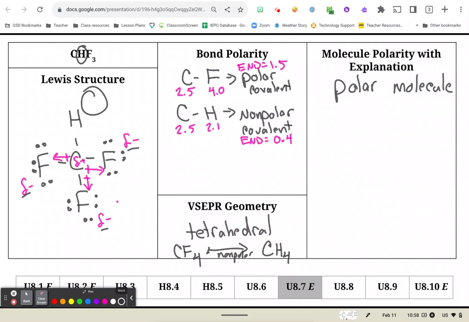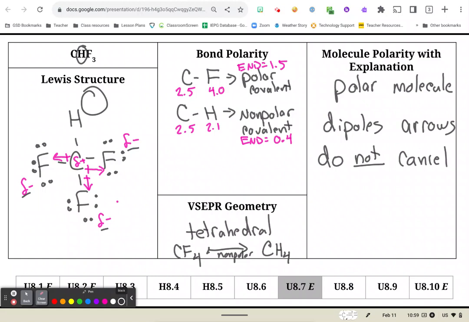Thinking about my two reasonings, the lone pairs doesn't work because the lone pairs have to be on the center atom, since that's what we're evaluating, the charge difference around that center atom. So this is a polar molecule because the dipole arrows do not cancel out. I have poles, I have a dipole: if you think about it as a three-dimensional structure, the bottom end is negative, the top is relatively positive.